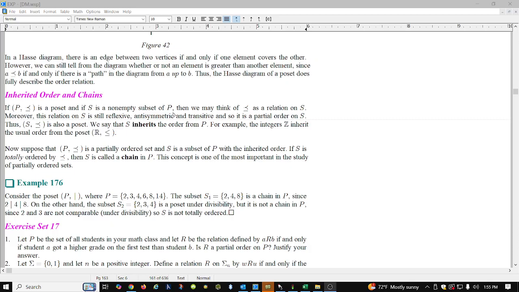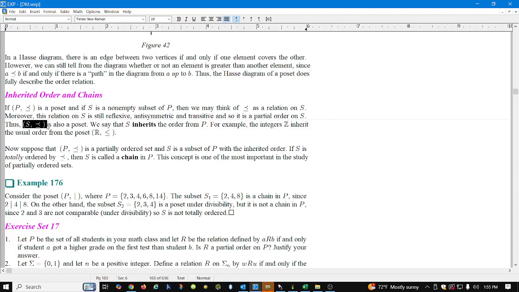The order relation restricted to S is still reflexive, antisymmetric, and transitive. Those properties hold for all the elements of P, therefore they hold for just the elements of S. So we get a new poset. Same order relation but restricted to the subset S. And we say then that S inherits the order from P.